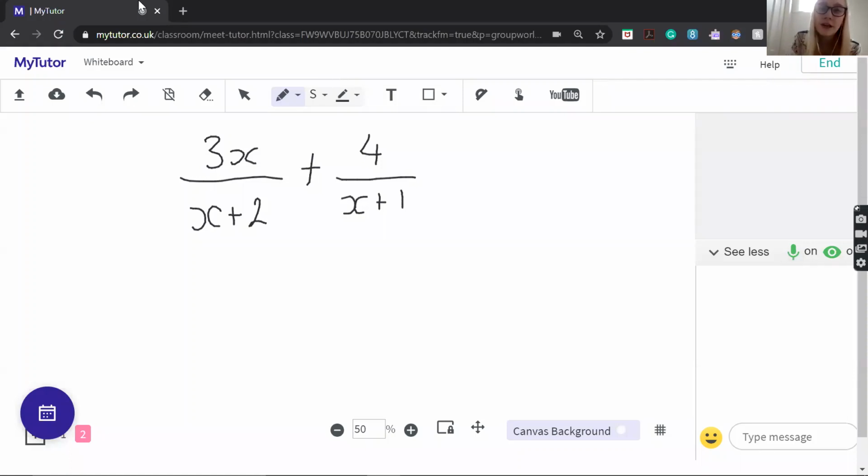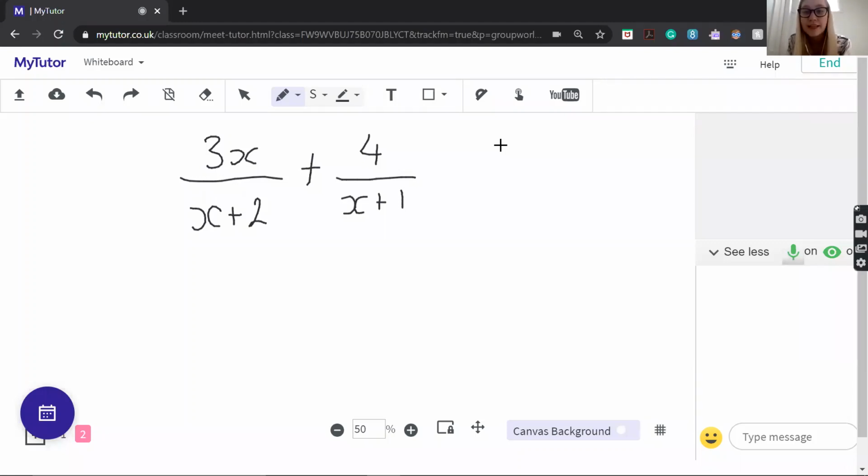So can anybody think from the previous methods what we're going to do here? Yeah, exactly. Brilliant. Everyone's saying make the denominators the same, which is perfect.